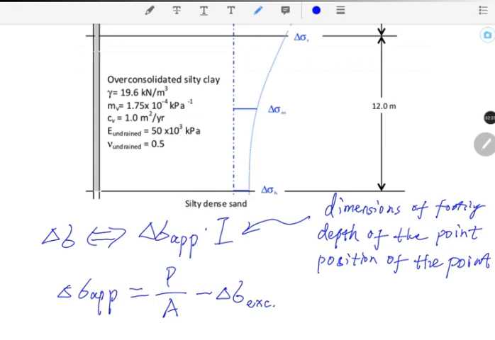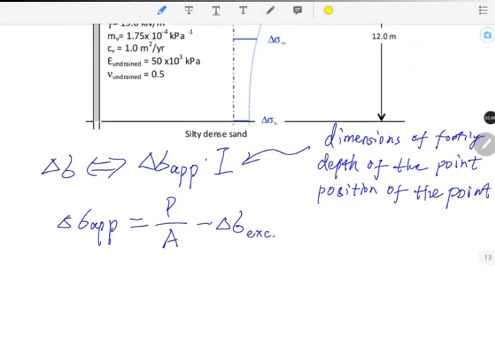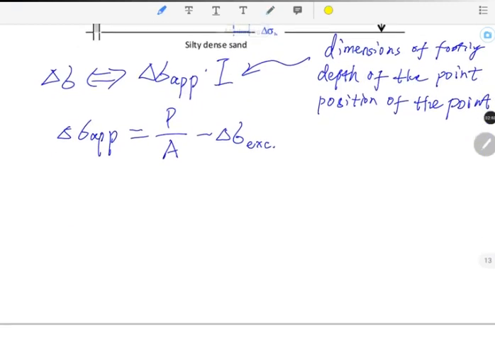So after we have this delta sigma applied and this influence factor found per the three different points required in this question, as follows.